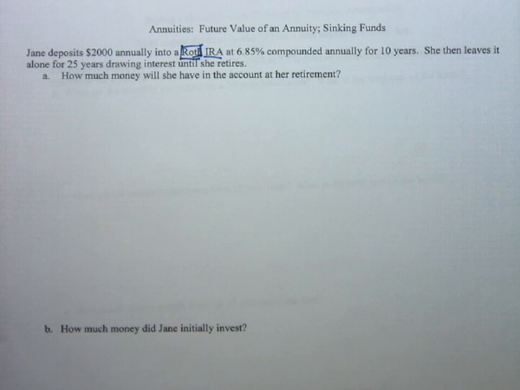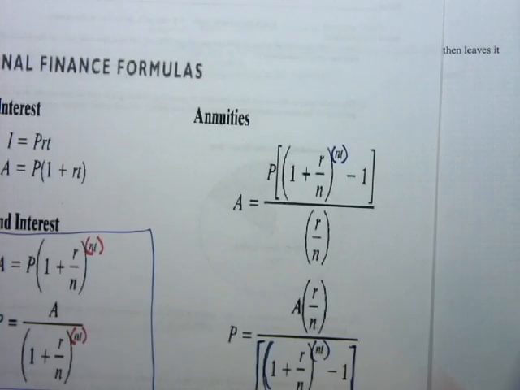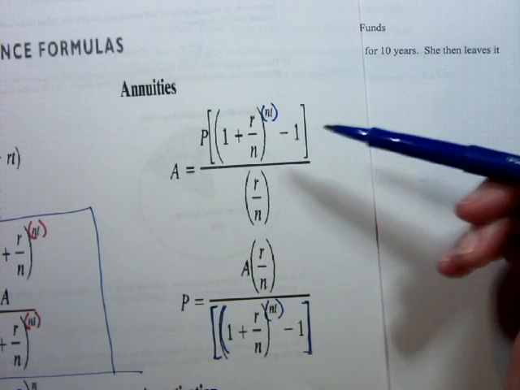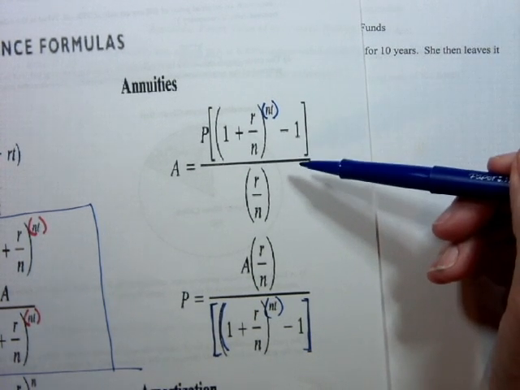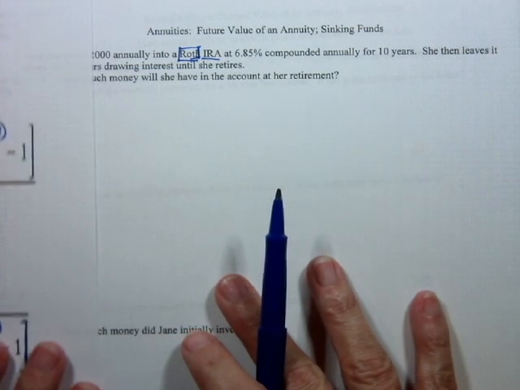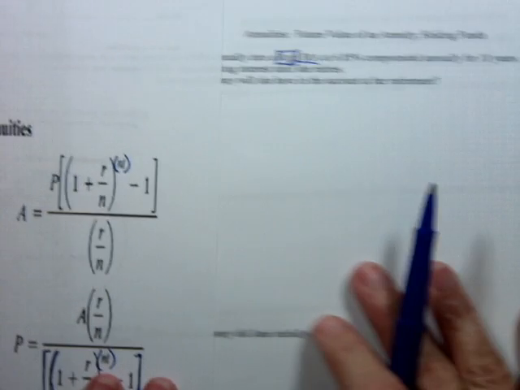Now, Jane is making annual deposits into an account. This is an annuity, which means I will need to use my annuity formula. So I will plug in, and I'm going to set this formula right here, just so I can see it and you can see it.